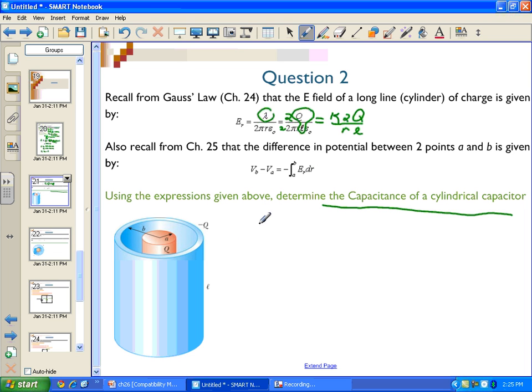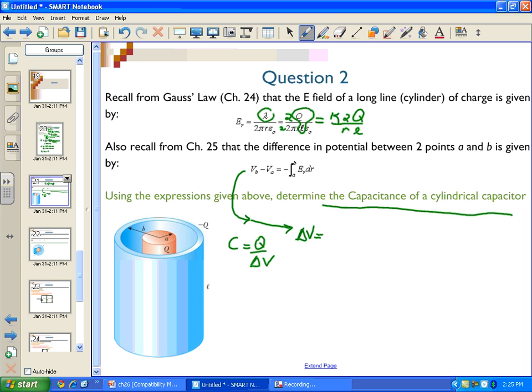So we are going to use this expression further because after all, to get C, we're going to make use of Q over delta V. So we want the delta V that corresponds to this capacitor.